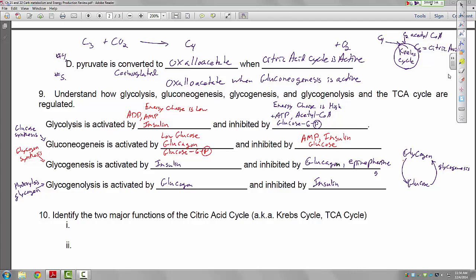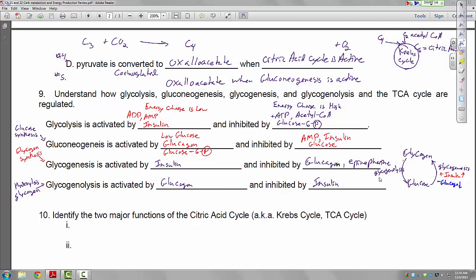Glycogenesis, right? It's activated by insulin, so I'll put plus insulin. If you want, you can put an up arrow. It's going to be inhibited by glucagon, so inhibited by glucagon, down arrow.